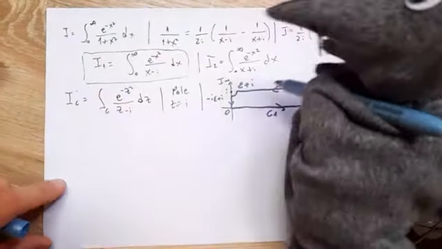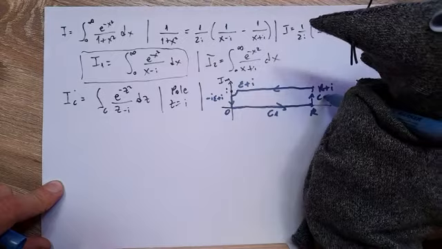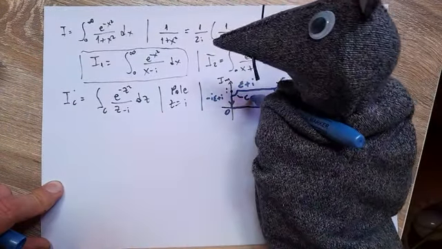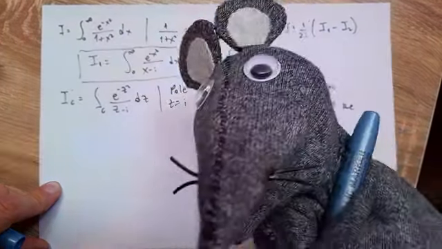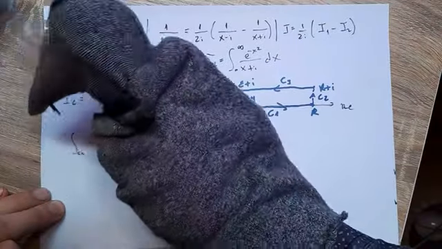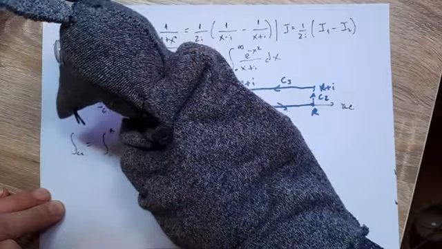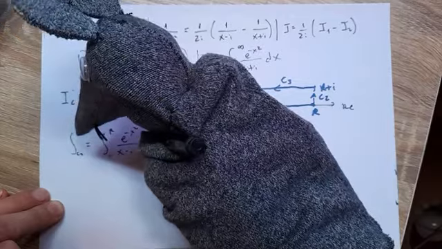Okay, so let's do the integrals. Then we will name this path as C2, this one as C3, the arc as C4, and the final segment as C5. So let's start with the integral over C1, equals the integral from 0 to R of e to the minus x squared over x minus i dx.